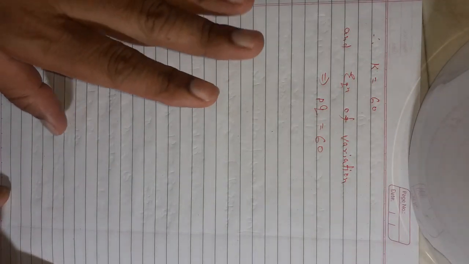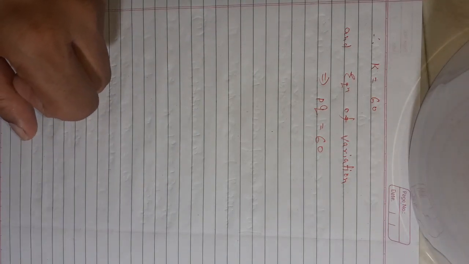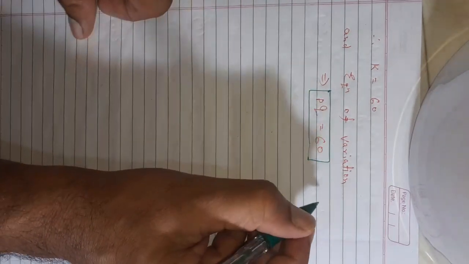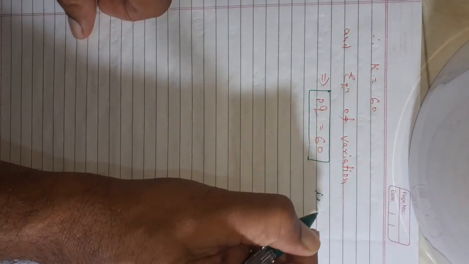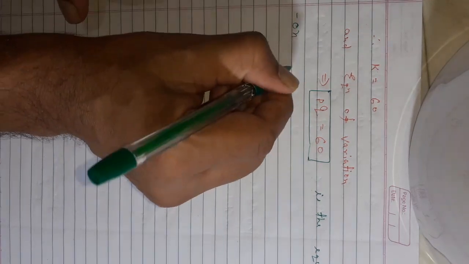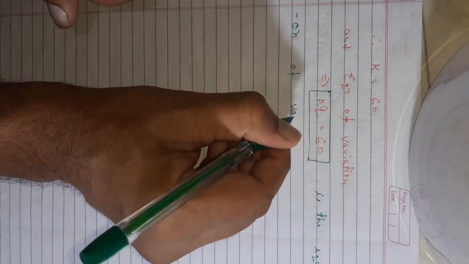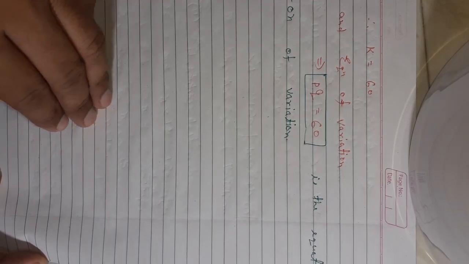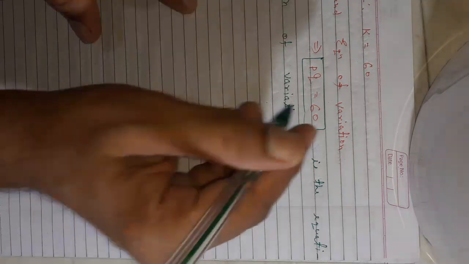So this is the equation of variation, and k is equal to 60.